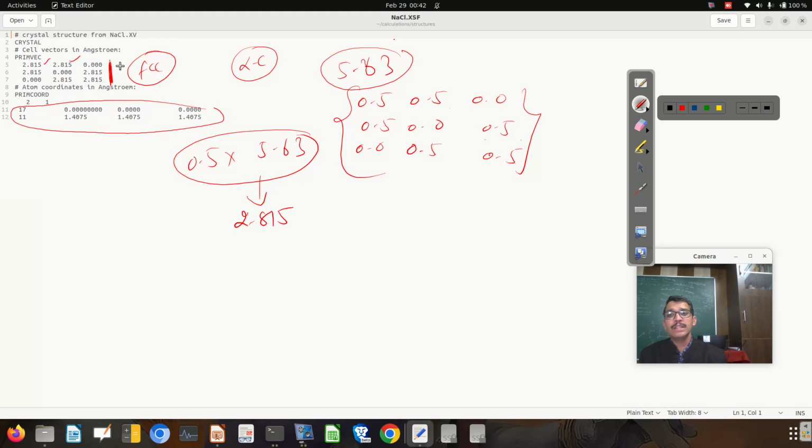So these are the lattice vectors corresponding to FCC which we have to put, but atoms are placed in this way. So this is one atom and this is the other atom, so it is in the body center, so it is the half of this, right?